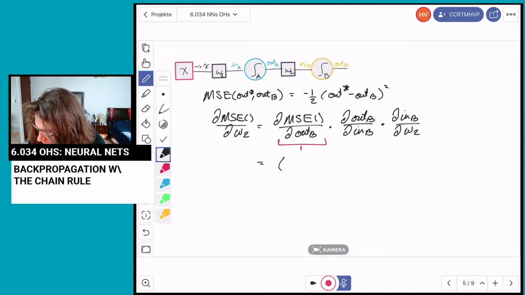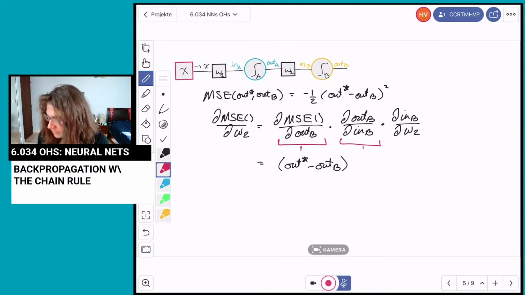So this we know to be out star minus out B. Then we take the derivative of the sigmoid function, and you can look this up yourselves.